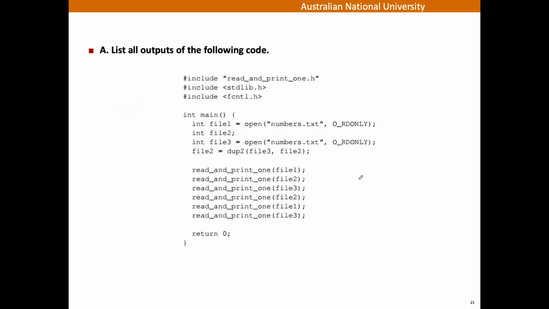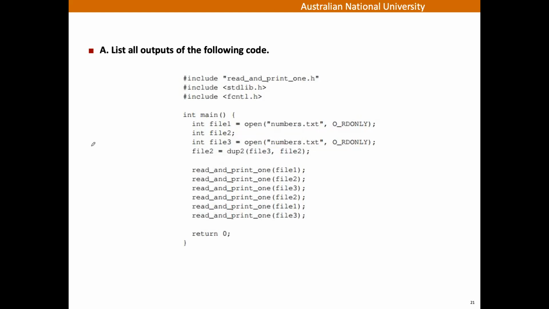Okay, so what's the output of the following code? We open a file, file 1. We open a file, file 3. And then we have another file descriptor, which we get from dup2. It makes file 3 point to file 2 and gives you a descriptor.